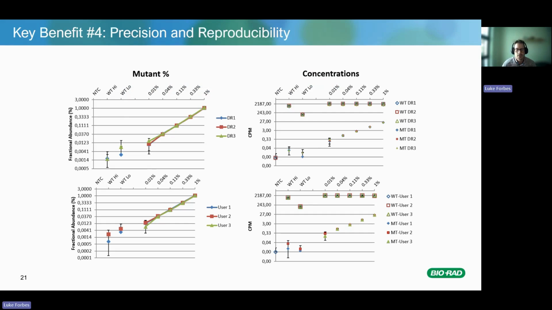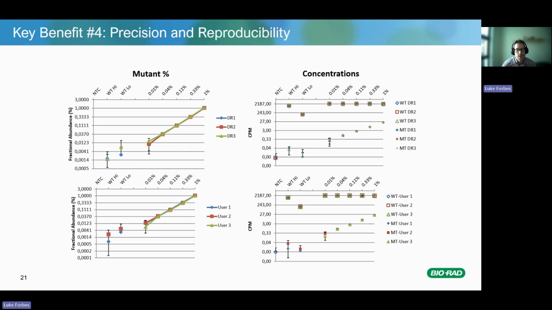Just in addition to this, that's obviously discussing mostly to do with precision, but if we look at the reproducibility of ddPCR, we can see this is really one of the biggest strengths of the system. You can see the precision when counting input templates on this BRAF V600 assay.